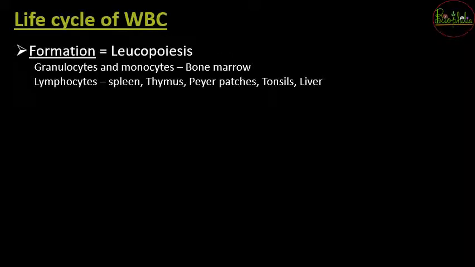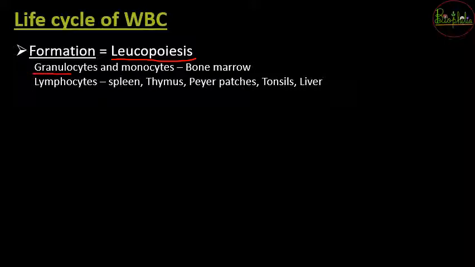Now let's come back to the life cycle of WBCs. So WBCs में life cycle start होगी from the formation. So formation is called as leucopoiesis. जैसे हमने hemopoiesis पढ़ा, erythropoiesis पढ़ा. Similarly, there is going to be leucopoiesis, formation of WBCs.